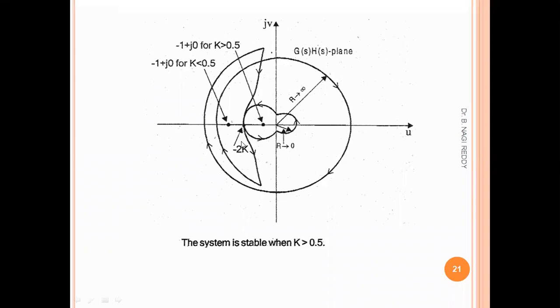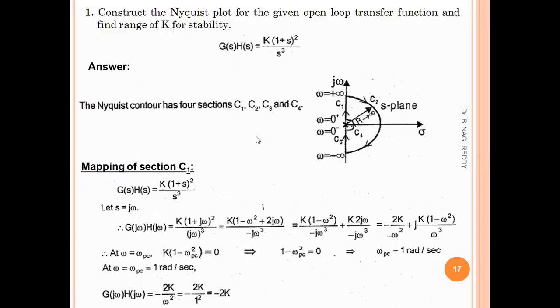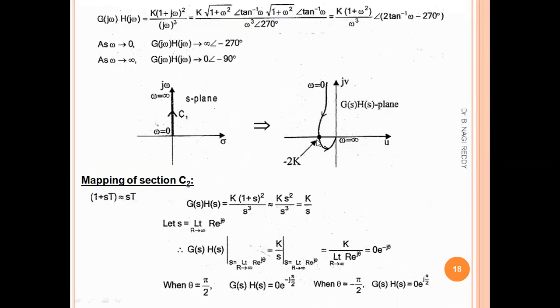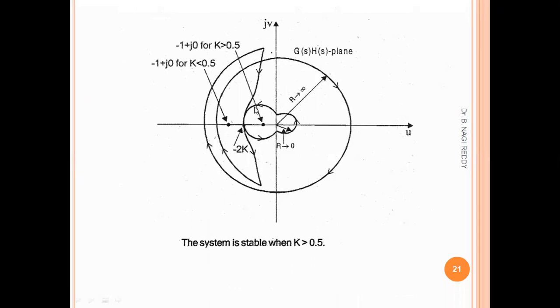However, this C1 curve is crossing at minus 2k point, right? Because we have calculated this stability point in the mapping of C1 section, which is minus 2k. So that's why that has to cross at a minus 2k point. So mark it on the graph. So the C1 curve is crossing minus 2k point. From minus infinity to 0 it is coming.